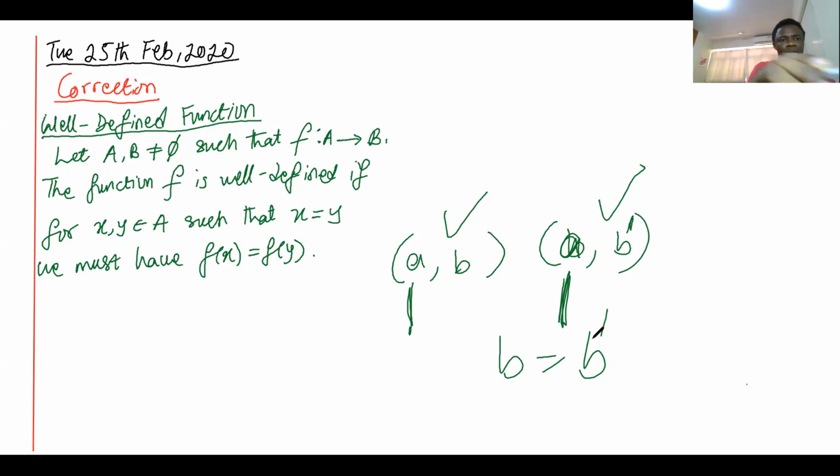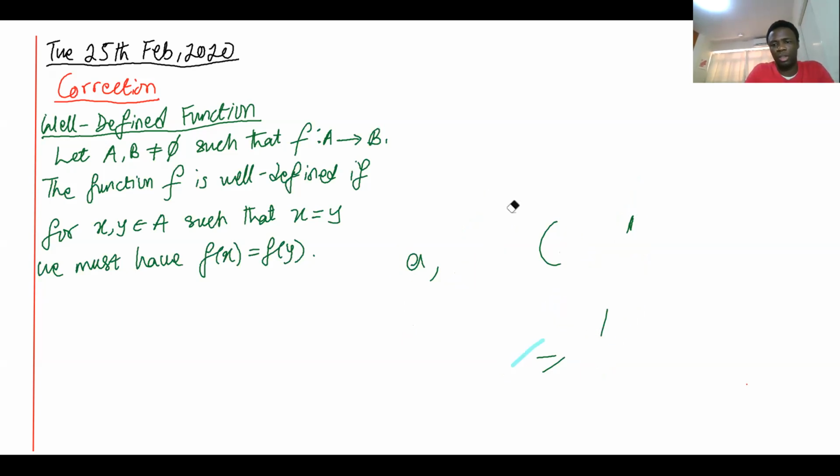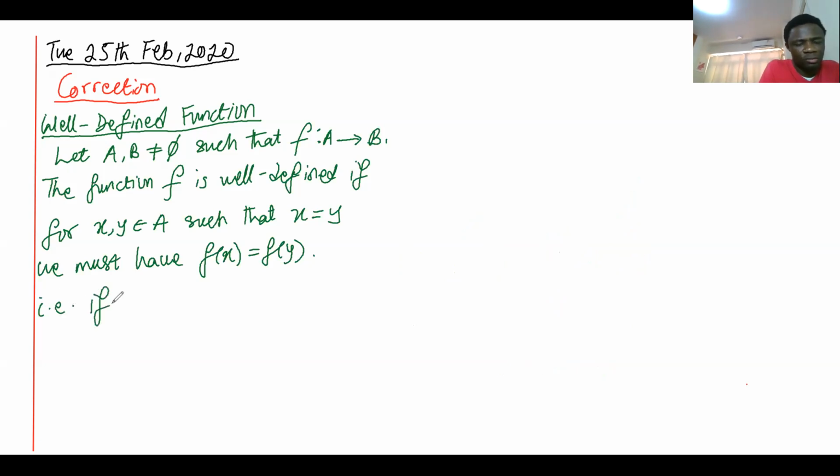Okay, so what are we talking about here? I can put it this way: if (A, B) and (A, B prime) belong to f. What this means is that this point is in this relation.